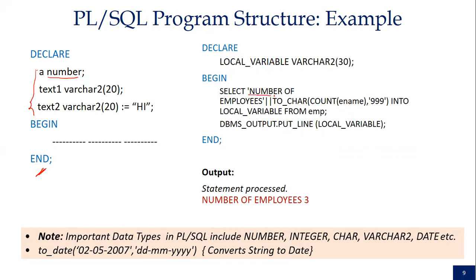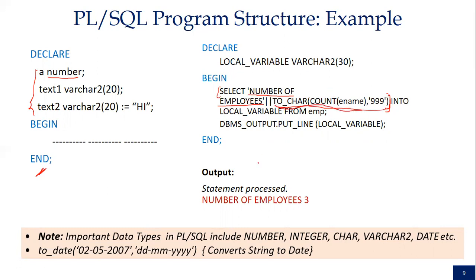Whatever string that we have put here, select number of employees, this is just a text, and the double vertical bar is used to concatenate multiple strings in the output. So starting from here to here, we are processing select number of employees; this is just a text, and to_char will provide you one value. This function just provides you one value.